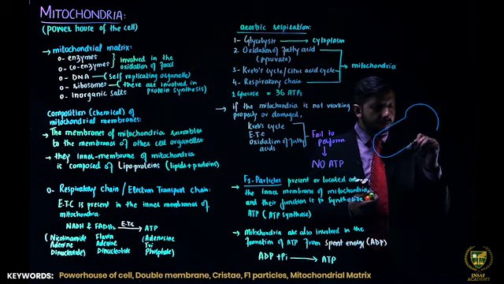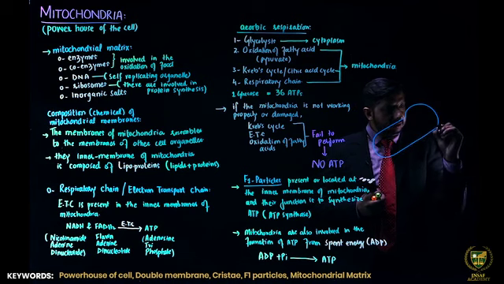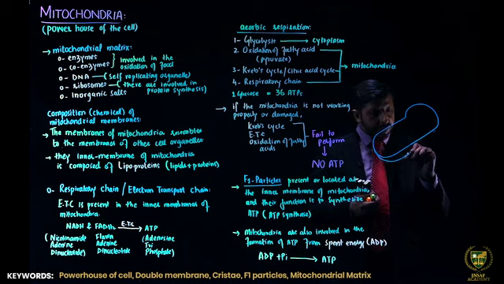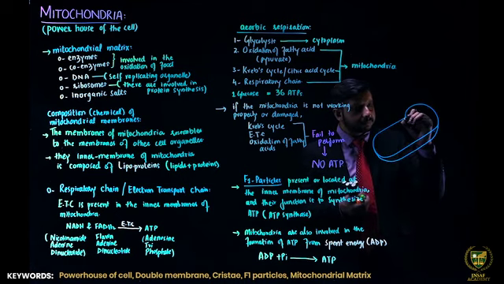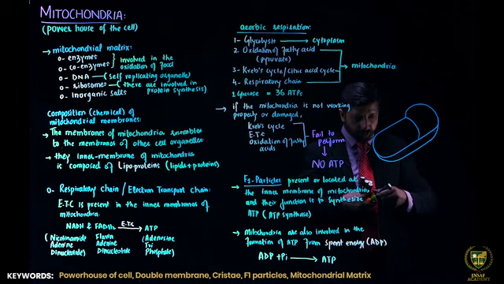So how you are going to draw it? Look at this diagram very carefully. So this is what I'm going to draw, the mitochondria again for you only. You can also draw like this.